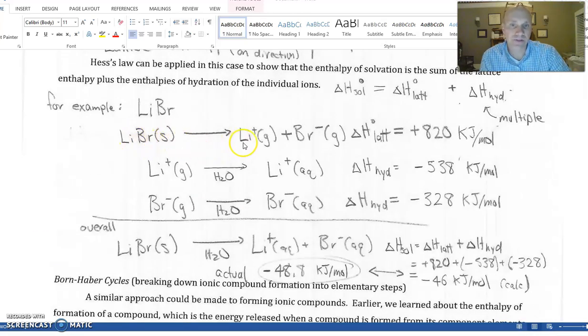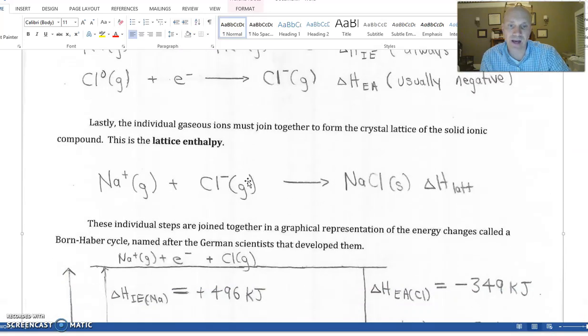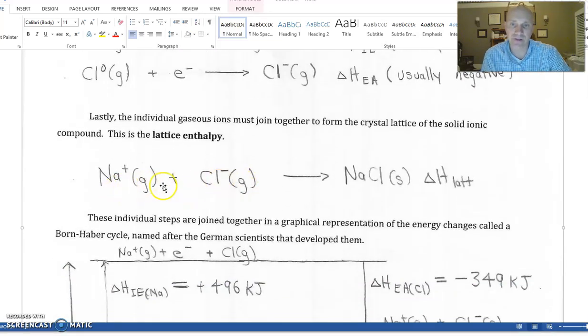Notice that that's the same lattice enthalpy that we talked about in the solubility problems. Here it's a positive value because we're showing the solid material breaking apart to make the individual ions, whereas when the ions come together to make the solid, that's going to be just the opposite. Energy is going to be released when this happens.